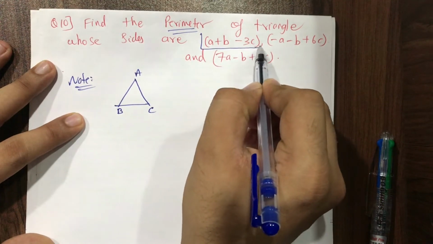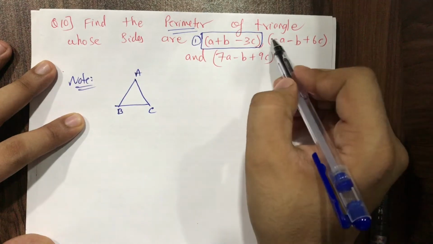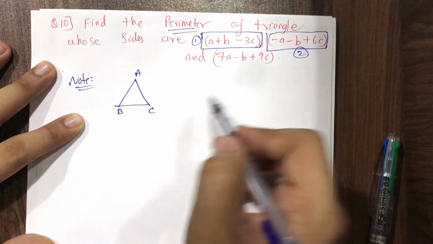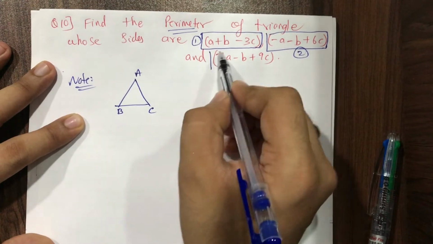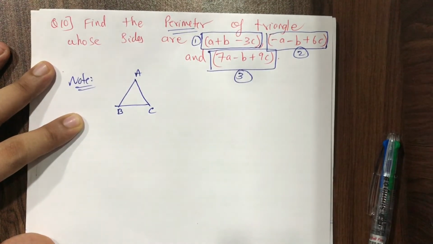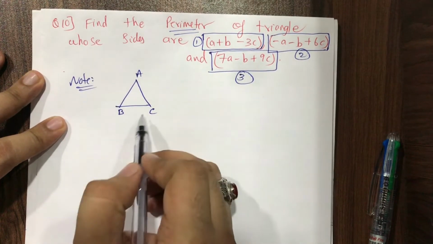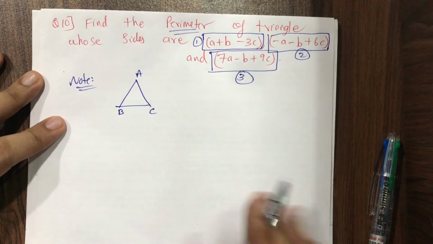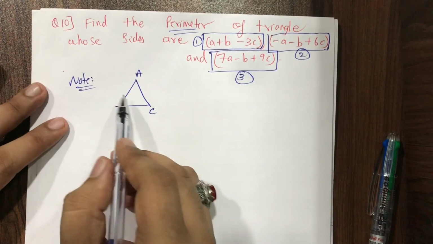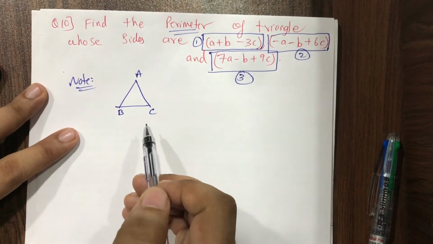This complete bracket denotes the first side of the triangle. This complete bracket denotes the second side of the triangle. And this complete bracket denotes the third side of the triangle, because a triangle always has 3 sides, AB, BC and AC in our case. So basically it always has 3 sides.